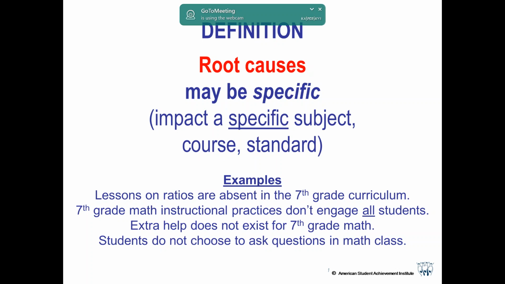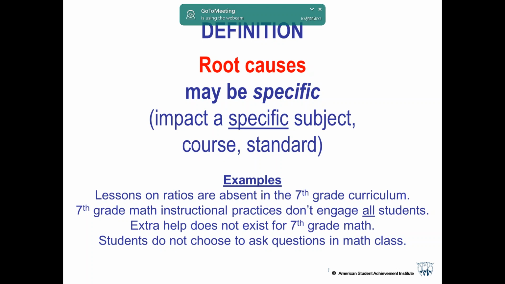And then you might find some very specific root causes, like we don't teach ratios, so that's pretty specific. Or the teachers that are supposed to be teaching ratios in that lesson are using instructional practices that aren't really engaging. Or we teach ratios once and there's no extra help for kids that don't get it. Or when we're teaching ratios, students are not engaged, they're not asking questions.